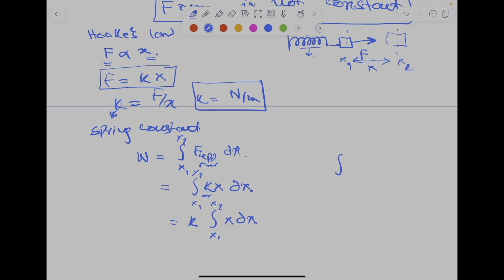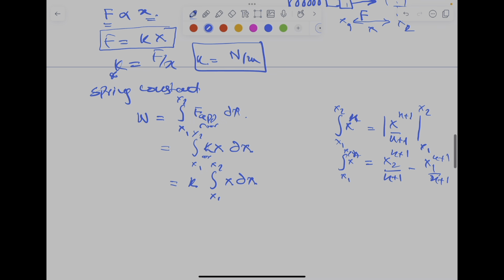You can solve this integral using the power rule, which says that if you have x to the power n from x1 to x2, you will get the answer x to the n plus 1 over n plus 1 with your limits x1 and x2. You apply the limits by applying the upper limit first, x2 to the n plus 1 over n plus 1, minus x1 to the n plus 1 over n plus 1. So this is how you can solve the integral.